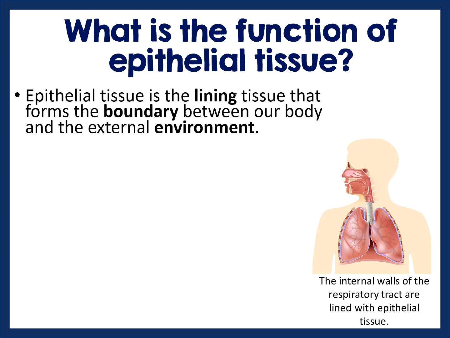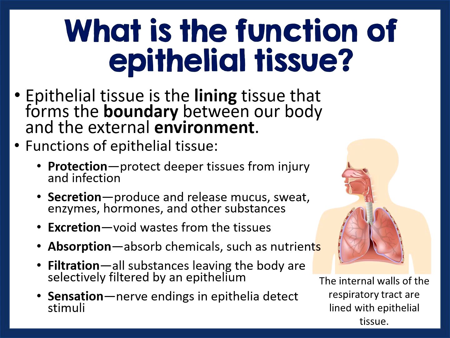So when it comes to function, think about forming boundaries between our body and the external environment. So there's lots of boundaries, right? There's boundaries within your eyes. There's boundaries with your nose, within your mouth.